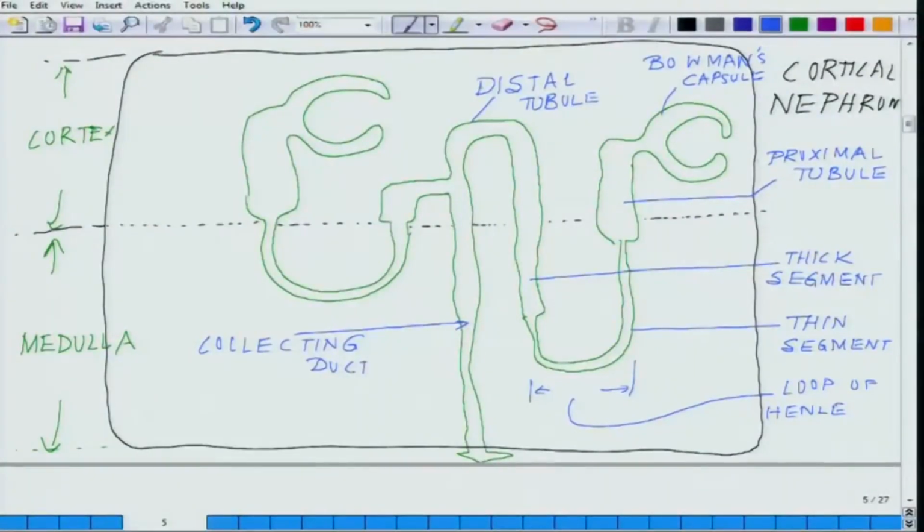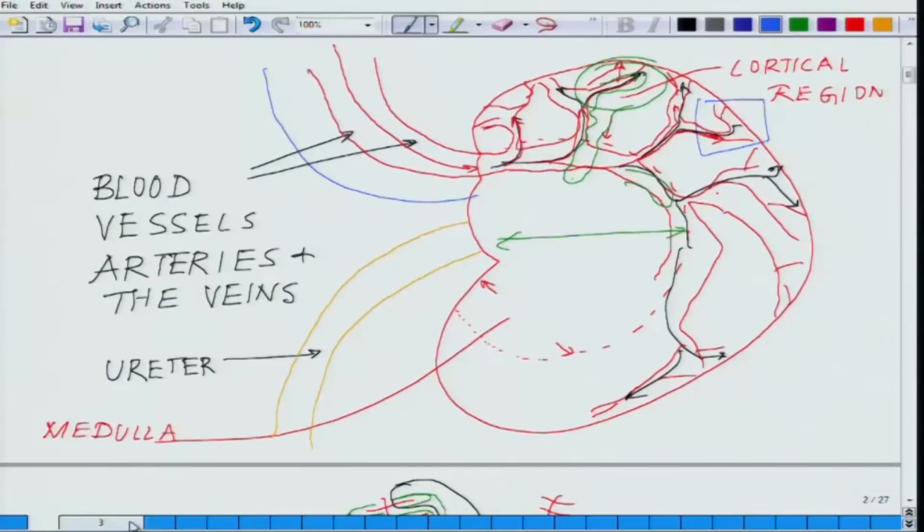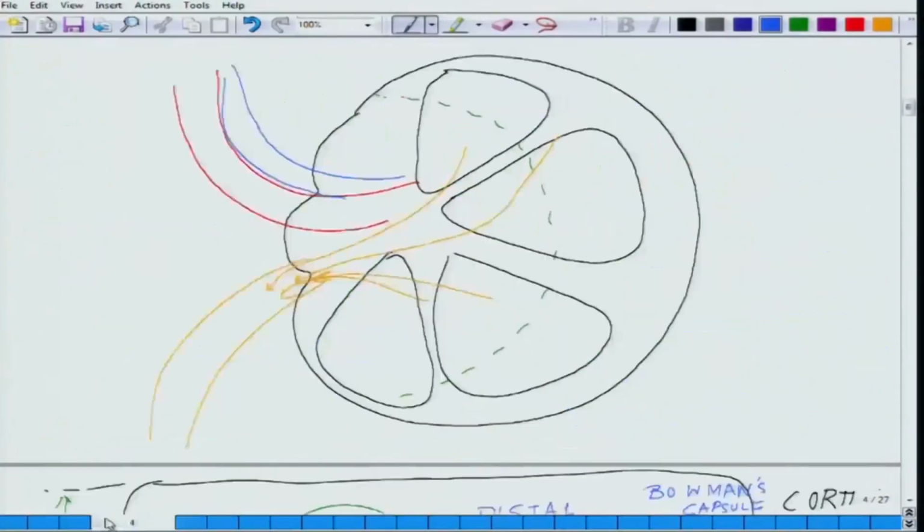So these collecting ducts, essentially what is happening is that all the collecting ducts, what I just drew, are draining out onto the ureter, which is nothing but your urine.